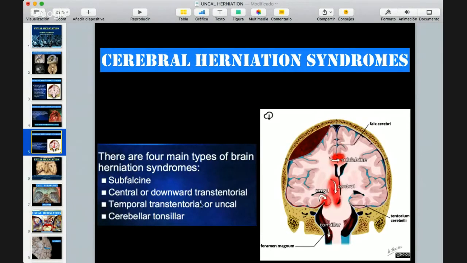I'm going to talk specifically about temporal, transtentorial, or uncal herniation. This is herniation from the middle fossa in the supratentorial compartment to the infratentorial compartment, through the free edge of the tentorium.